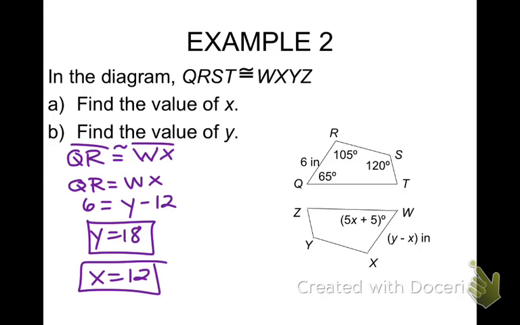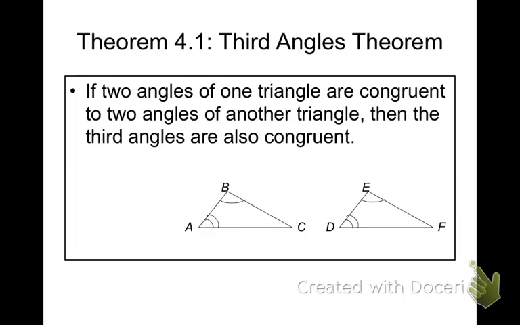All right, the last thing we're going to do today is example 3. We're going to save the proof for tomorrow. So we've got a theorem that we need to get written down, which is called the third angles theorem.